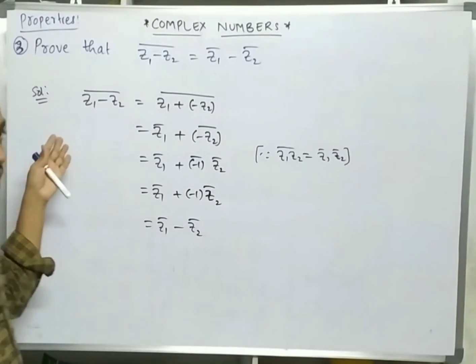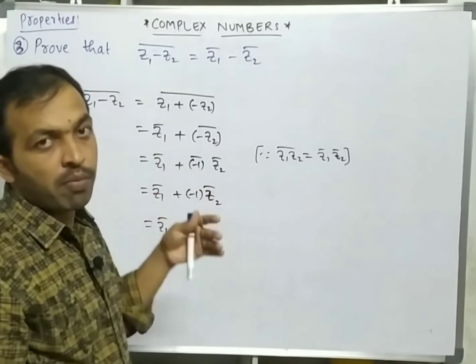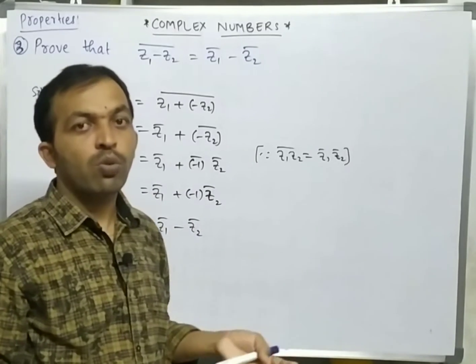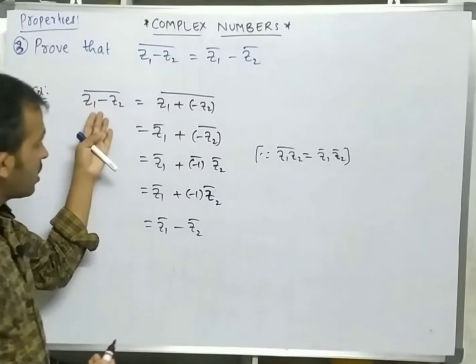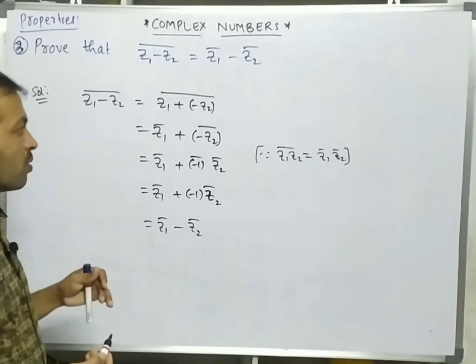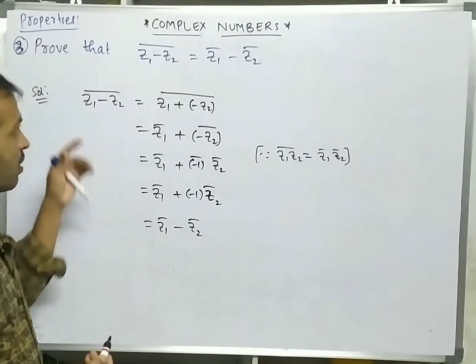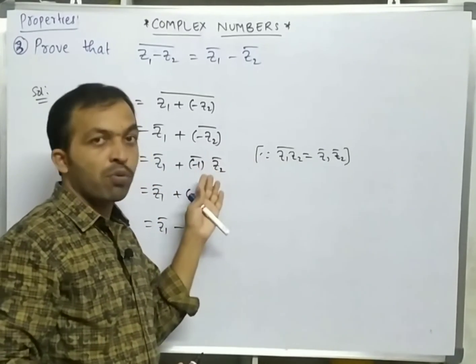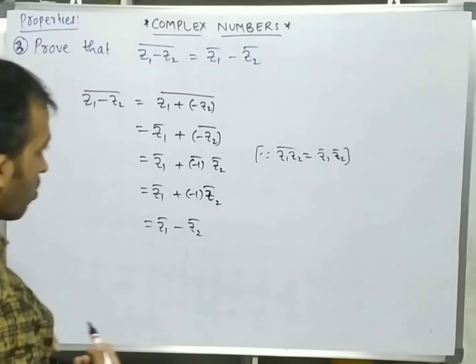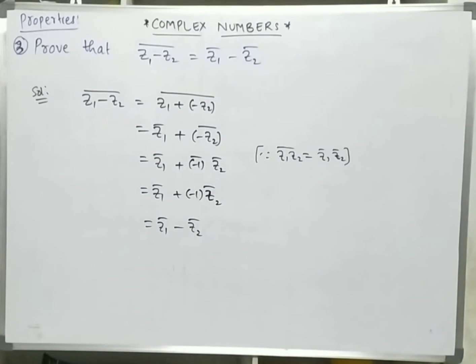Otherwise, you can solve this problem like the previous method: take two complex numbers, subtract them and apply the conjugate, and you will get it. So similarly we can prove it in the second proof manner. Otherwise we can prove it by using conjugate of z1 plus z2 is equal to z1 bar plus z2 bar.